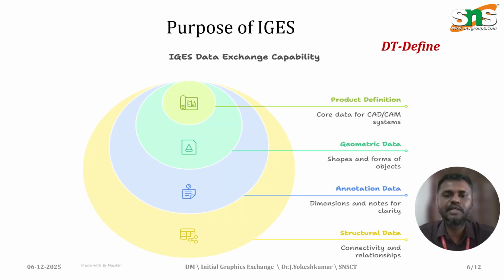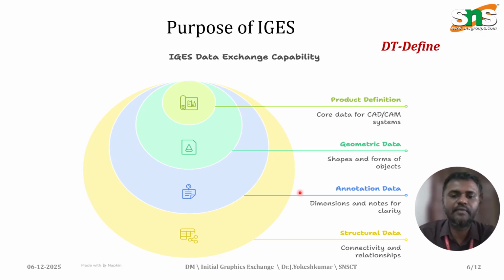The core purpose of the IGS is the product definition in terms of core data with the specifications. We also deal with the geometrical data in terms of shape or form related information, whether it is cylindrical or Cartesian coordinates we are using, and the amount of taper and dimensional tolerances provided in the system.